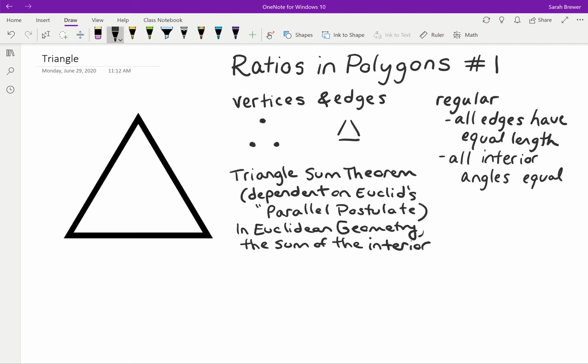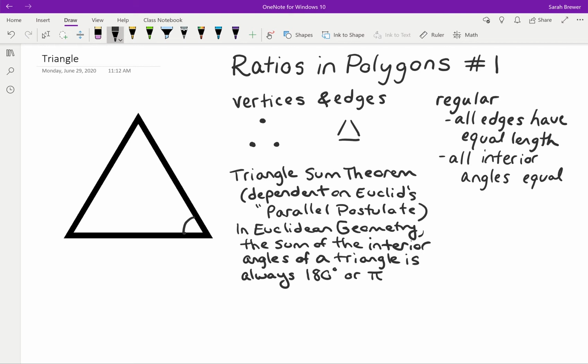These are the interior angles. So the sum of the interior angles of a triangle, any triangle, not just a regular triangle, is always 180 degrees or pi radians, and radians is like a non-unit, so we don't have to write the units there.